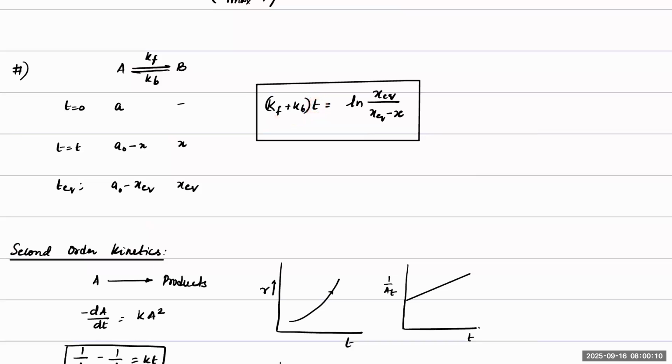Just like how we write kt, exactly how you write a rate constant for a first order rate law expression, ln a naught by at. Same thing we are doing here. K is kf plus kb into t is equal to ln x equilibrium by x equilibrium minus x. Alright. So please remember this formula directly.